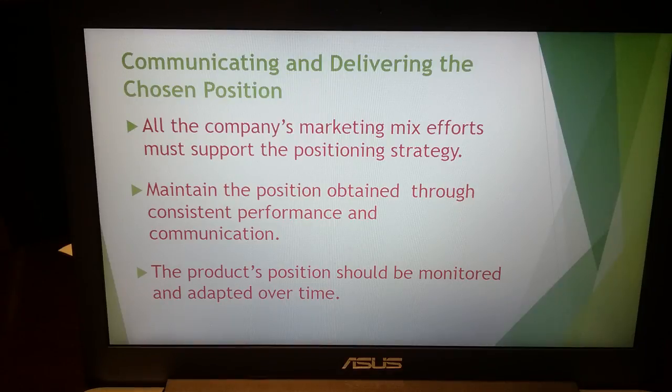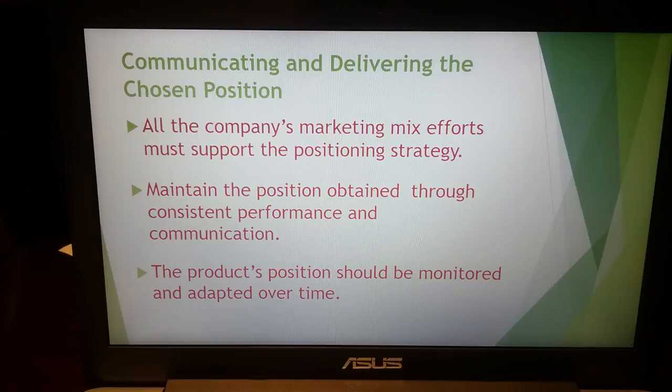If it's something that's for everyday usage and convenience, you want to be able to sell it in places that are accessible to people, and also you want to communicate that in your promotions and your promotional efforts, your advertising and your public relations. You want to make sure that the people who are in your ads reflect the group you're going after, that kind of thing. And you want to make sure that this is consistent.